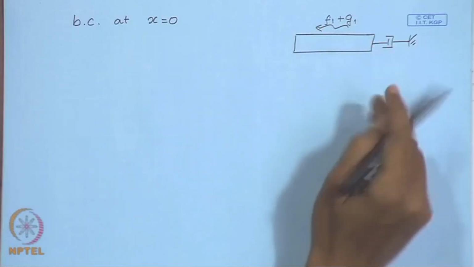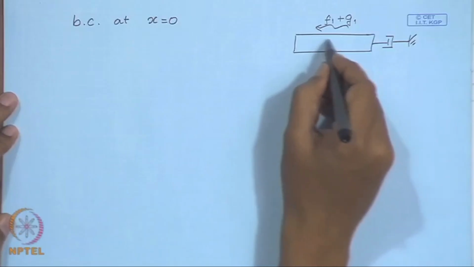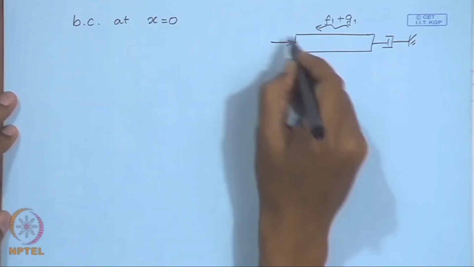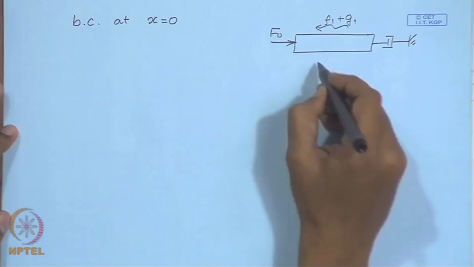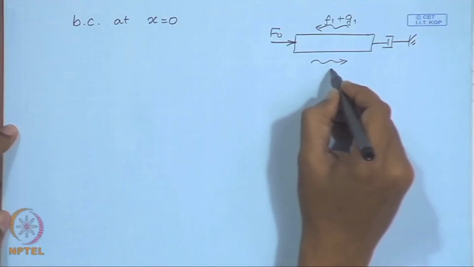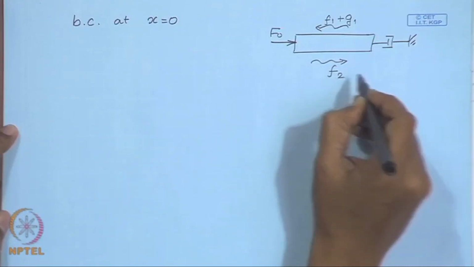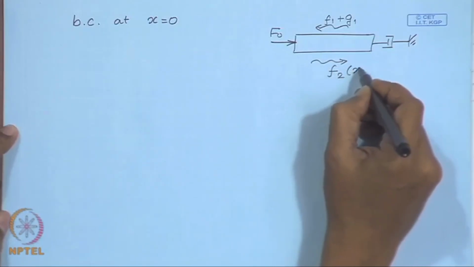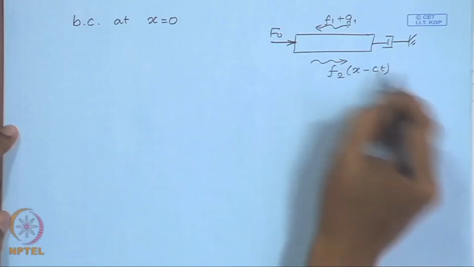I am not again writing the arguments. Now, when it reaches this left end, so this constant force is already acting, then what we have is another reflection of a right propagating wave.